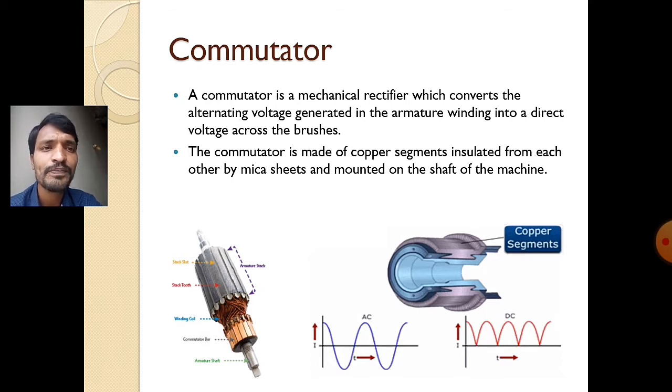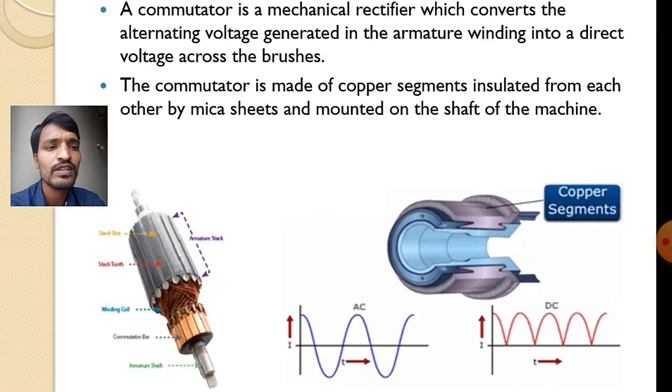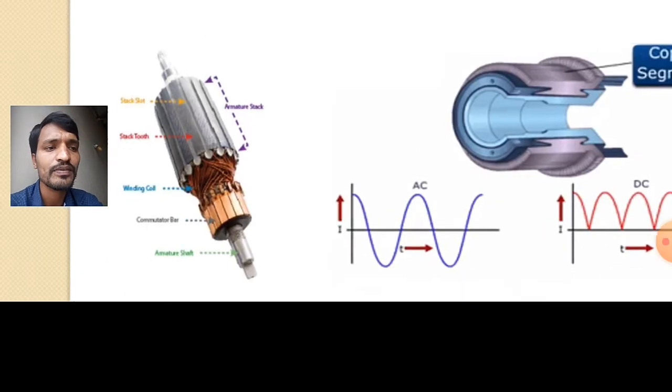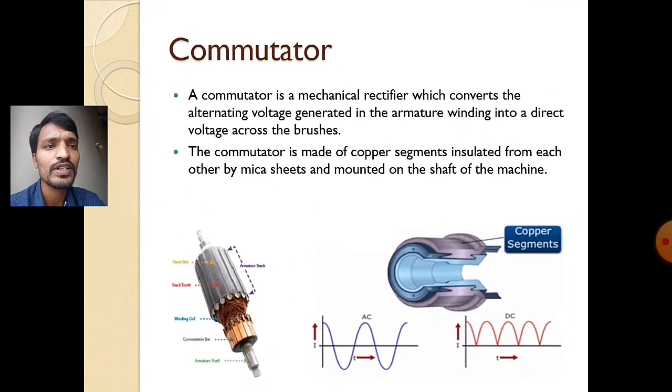Rectifier means it rectifies AC voltage into DC. Here you can see the AC voltage is converting into DC.